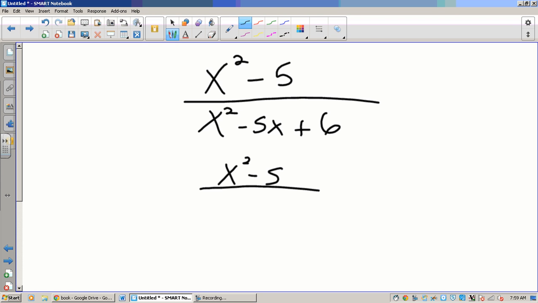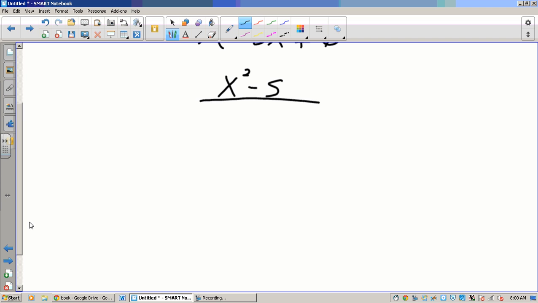What can I factor with x squared minus 5x plus 6? Jasmine? Negative 6 and positive 1. That would make it a negative 6 instead of a positive 6. Go ahead. Negative 3 and negative 2. Okay, so x minus 3, x minus 2. Okay?